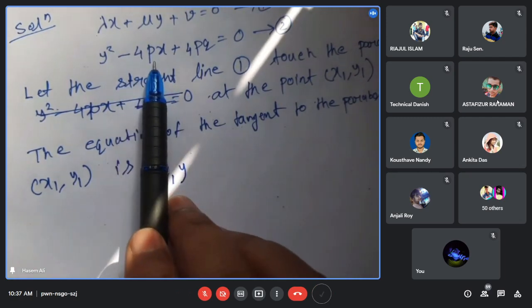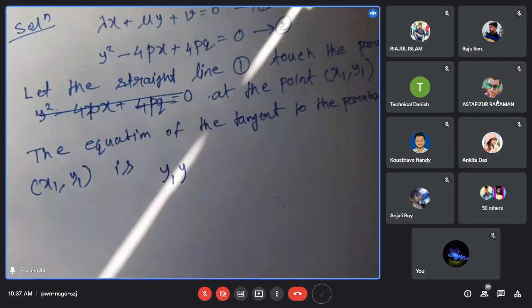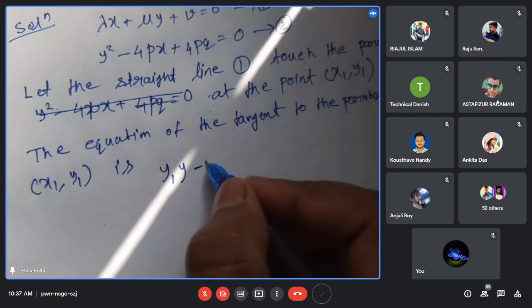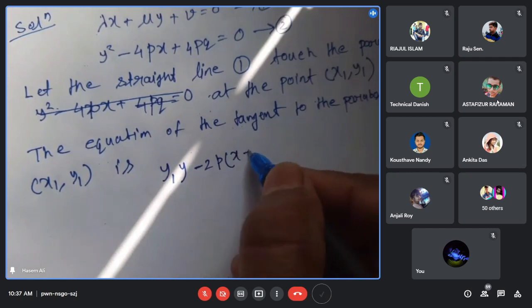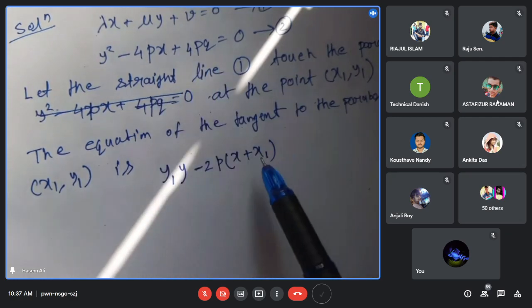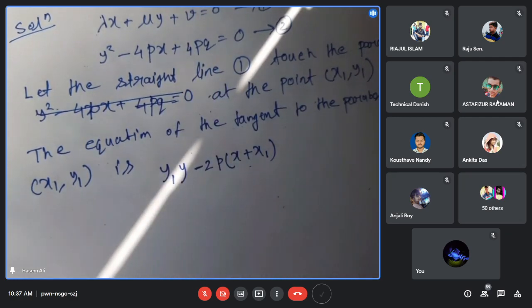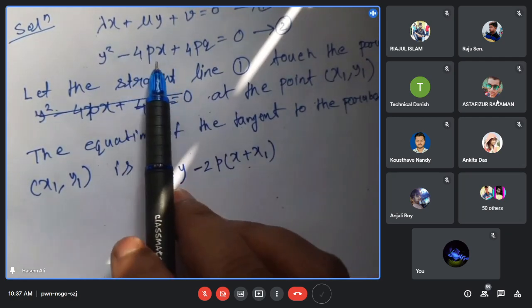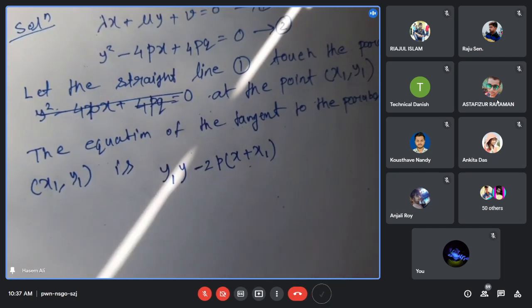Minus 4px becomes minus 2p into x plus x1, because x plus x1 replaces 2x.